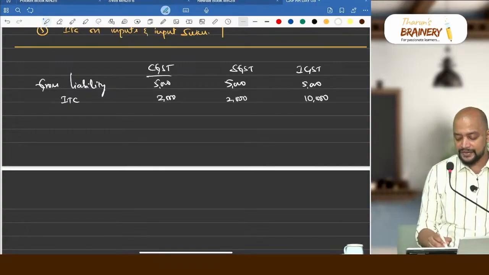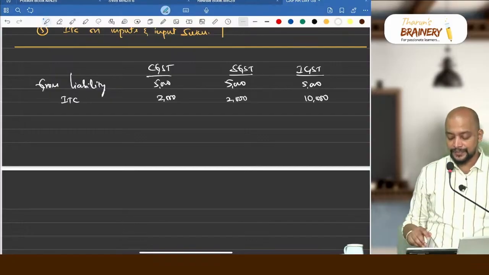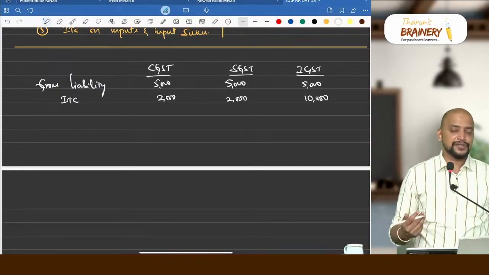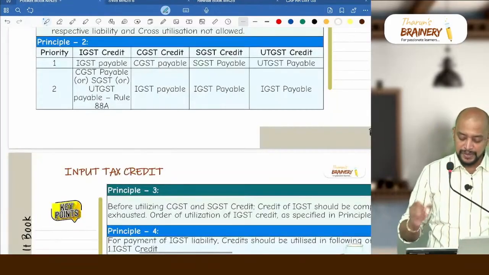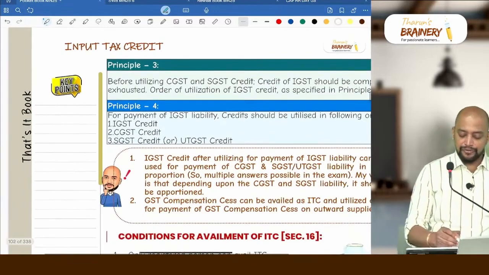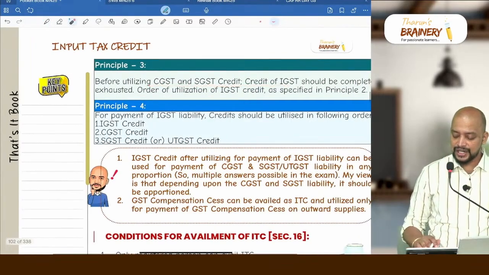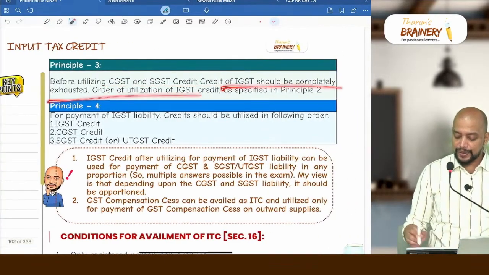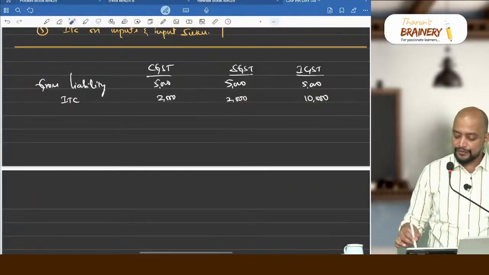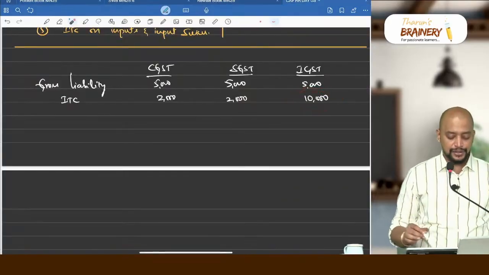So now I have excess credit of IGST. Now which credit do I need to exhaust first? Always remember, there is principle number 3 which says that before utilizing CGST and SGST credit, the credit of IGST should be completely exhausted.